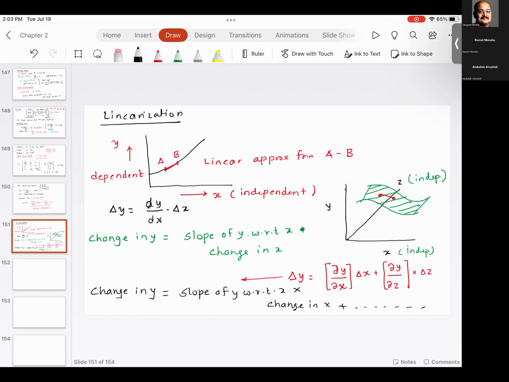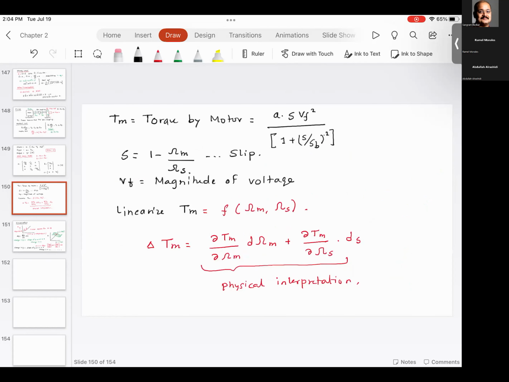So what it means is, since there are two independent variables, this is the first independent variable, this is the second independent variable, we want to perform the Taylor series expansion. This expansion needs to be written something like this. Now the next question is, how do we evaluate this expansion?